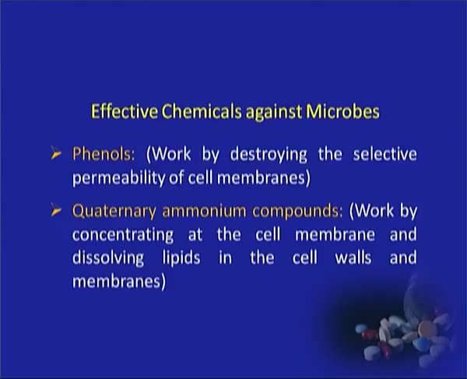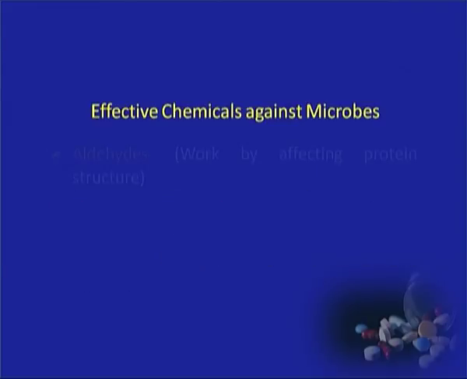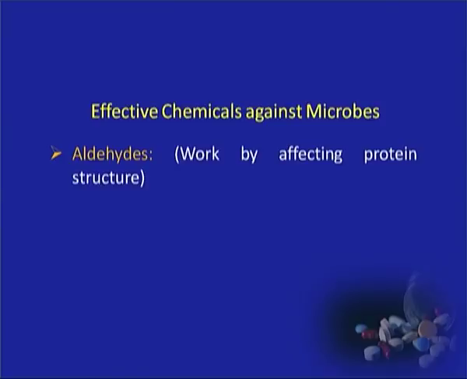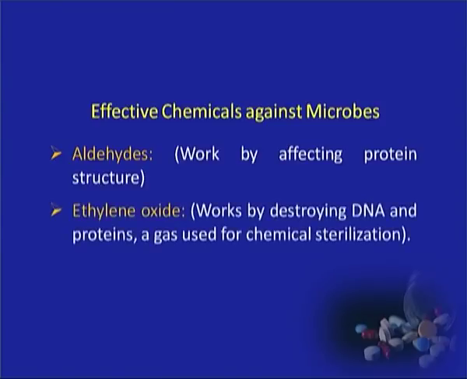They work by concentrating at the cell membrane and dissolving lipids in the cell walls and membranes. Aldehydes work by affecting protein structures, and ethylene oxide works by destroying DNA and proteins. It is a gas used for chemical sterilization.